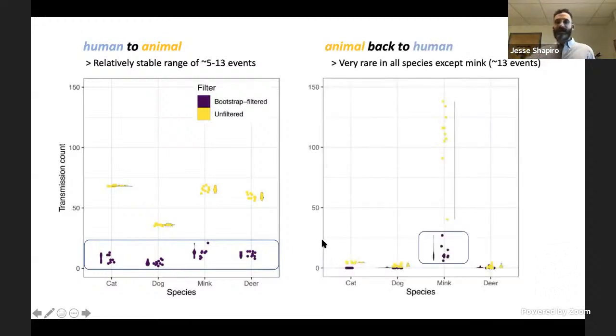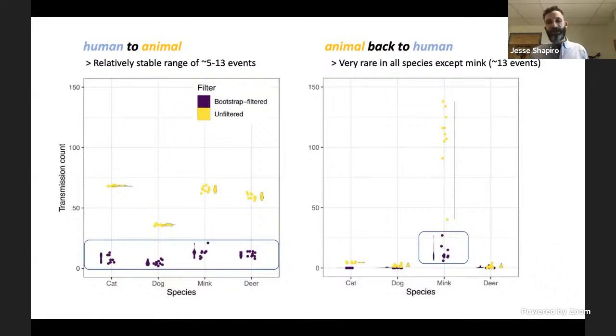In the animal back to human direction, this is very rare. Those were the examples that I showed you in the trees. And you can see that for cat, dog, and deer, the estimates are 0, maybe. I showed you an example where you do see 1 in deer, right? So maybe it's 0 to 1. There's some uncertainty, but they're very, very rare, except for mink, where there's really been a lot of transmissions of animals back into humans.